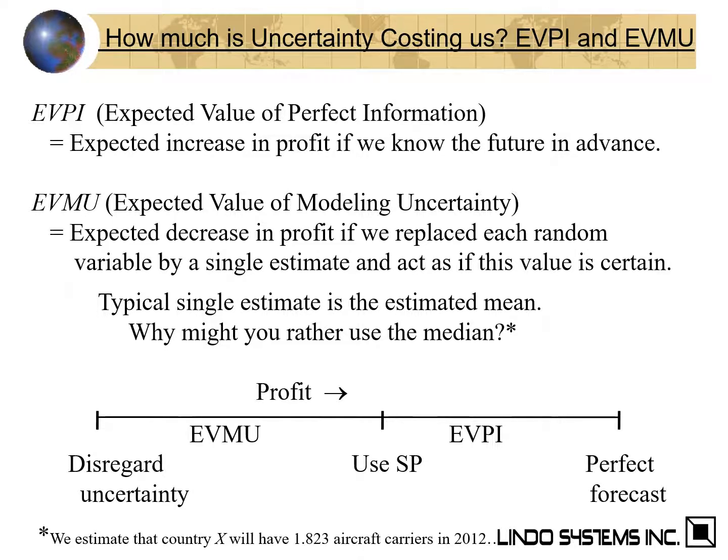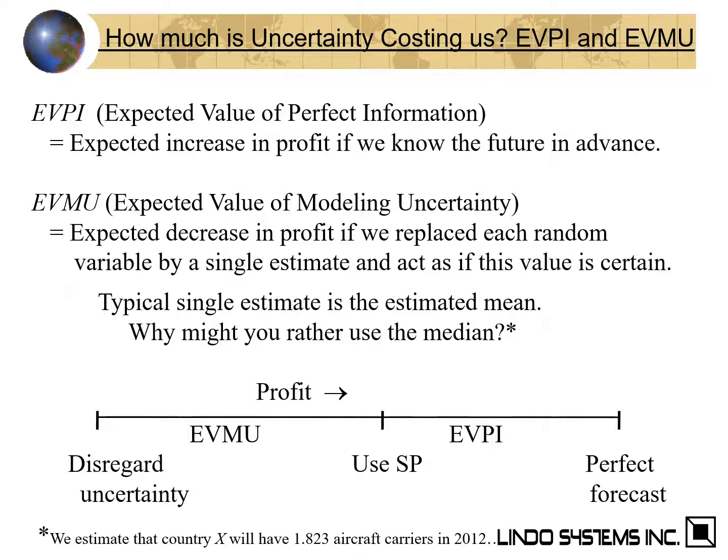Now another piece of information that What'sBest gives you is the expected value of modeling uncertainty. This is at the extreme left, where you disregard uncertainty, and you just use the mean values of random variables. So you act as if the random variables are really deterministic, and so if the mean demand is 50, you just act as if the demand is 50, and you'll probably stock 50 exactly.